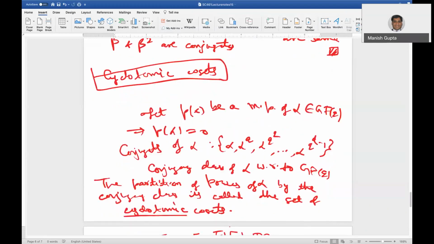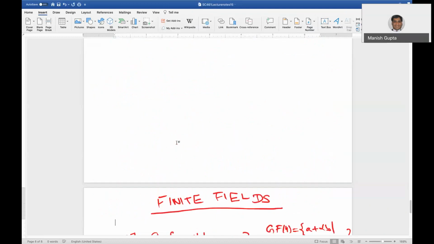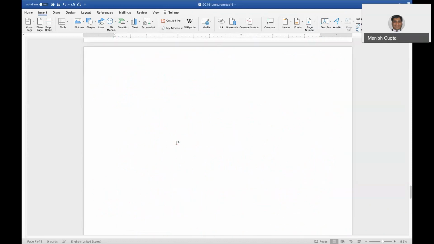Let me give you some example here. In case of GF(8), we have 0, 1, 2, 4, and 3, 6, 5.